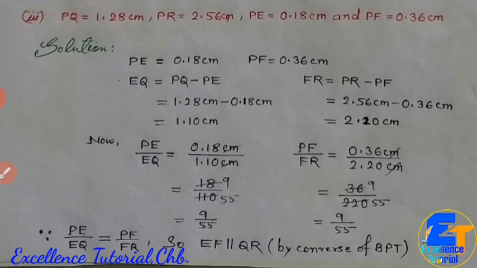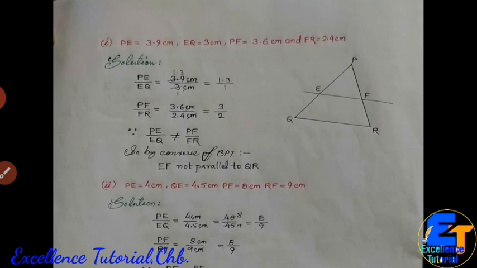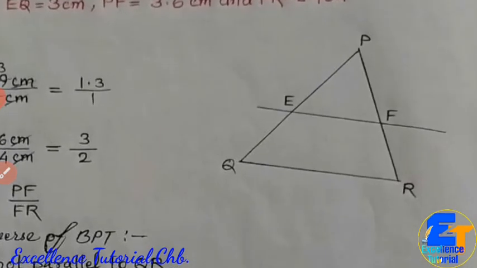But this question is a little different from the previous one. In the previous question, the length of this part, the actual measurement of PE and EQ, was given in the question.